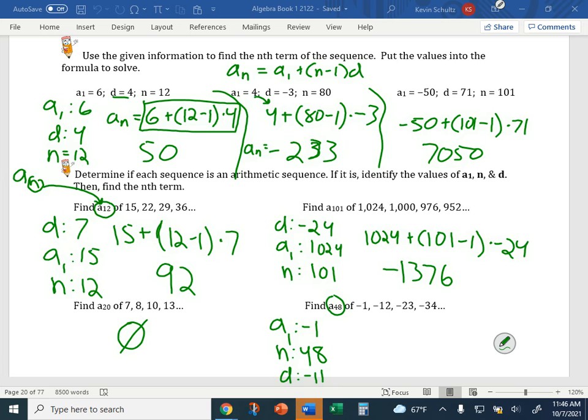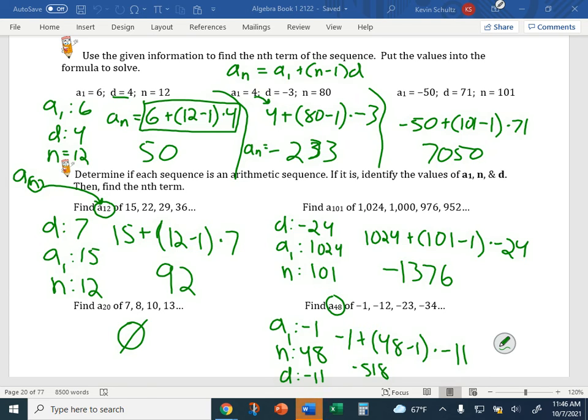So our formula is going to be negative 1 plus n minus 1, or 48 minus 1, times negative 11. The 48th term of this pattern. What do we get? Sasha? Negative 518. Do we have a second on that?